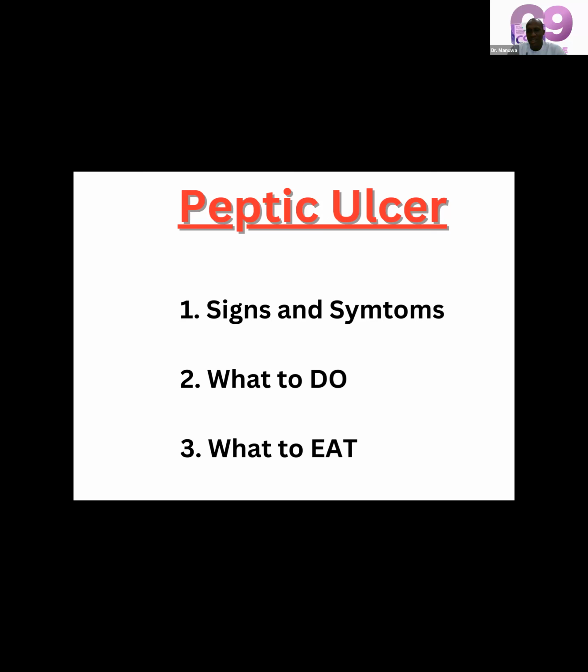And the third common cause of ulcers in our environment is haphazard or irregular dietary regime, meaning that one changes the time that you take your breakfast, lunch, and dinner. Usually the time variation, when you fix it, should not be plus or minus 1 or 2 hours.